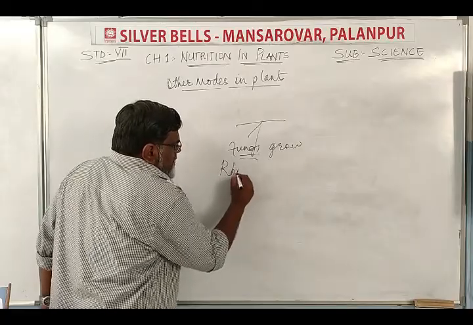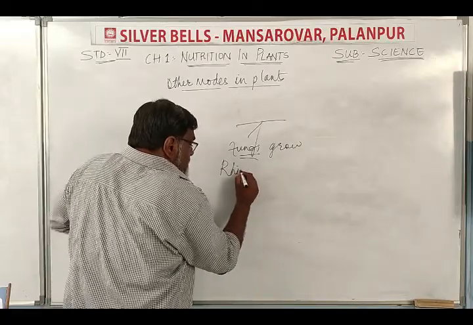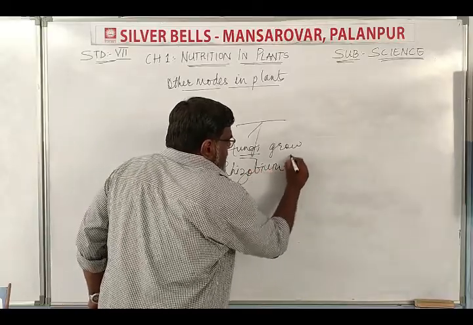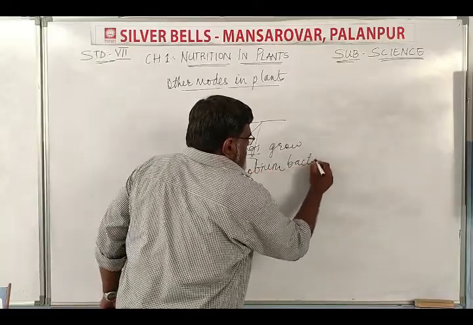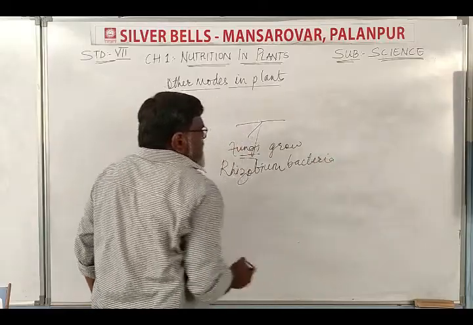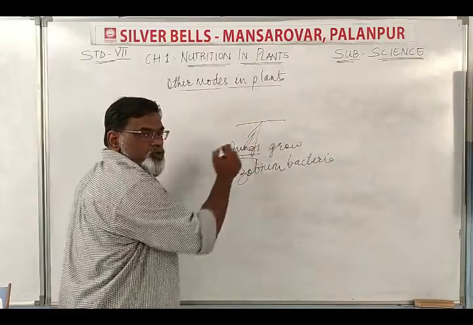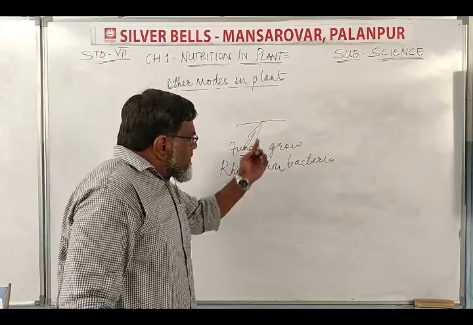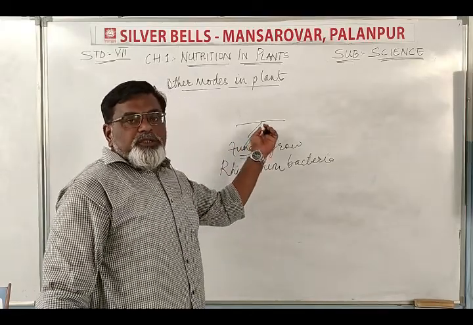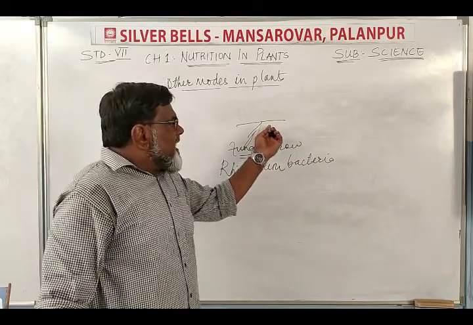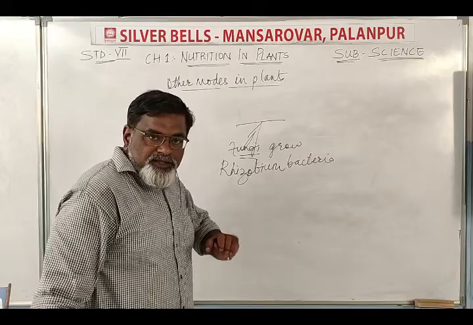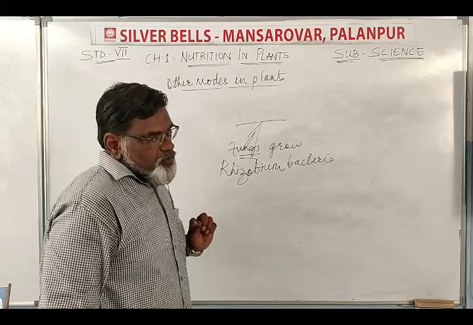Rhizobium bacteria. They grow under the root of the leguminous plants. They give nitrogen to the leguminous plants, and Rhizobium bacteria benefit by shelter under their root.